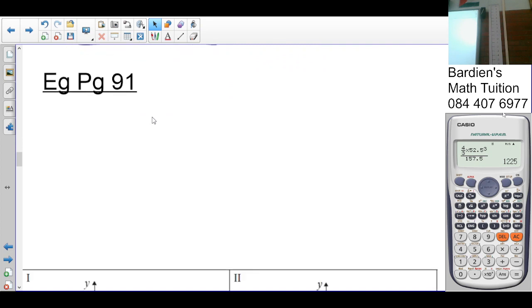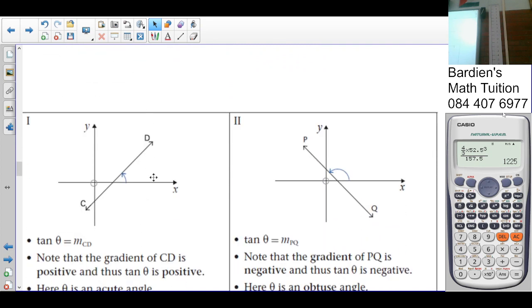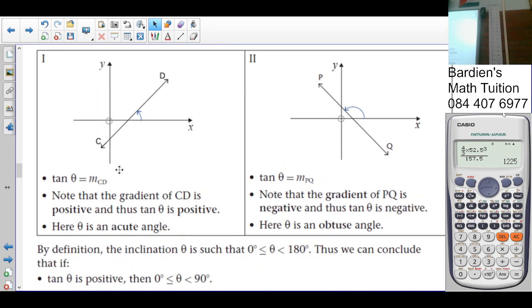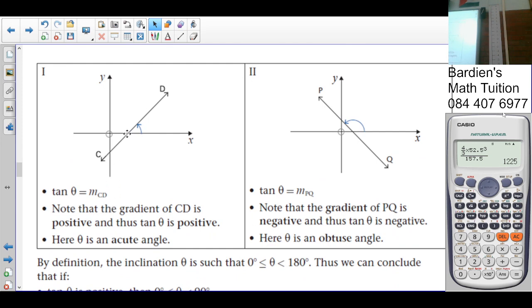As we explained here, if tan of theta is the gradient of CD, note that the gradient of CD is positive, thus tan is positive, hence the angle will be acute. If tan of theta is the gradient of MQ, note that the gradient of MQ is negative, thus tan is negative, hence theta is going to be an obtuse angle.